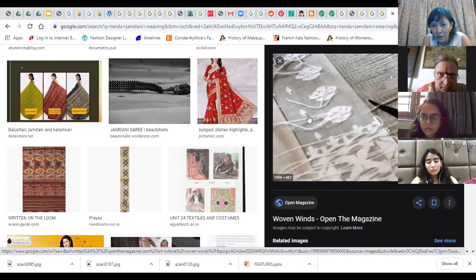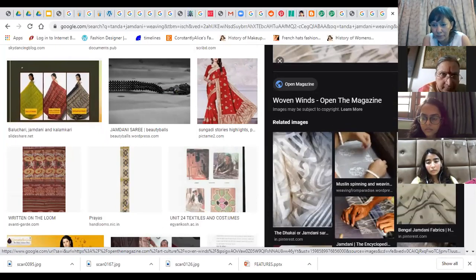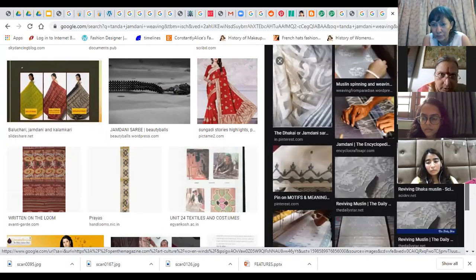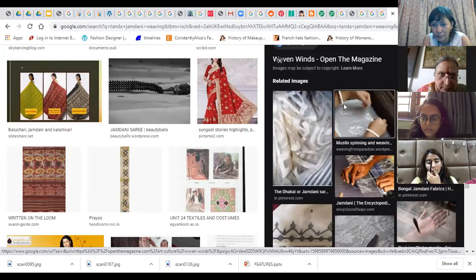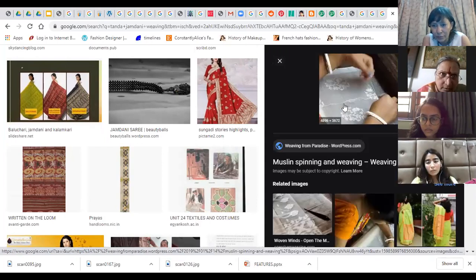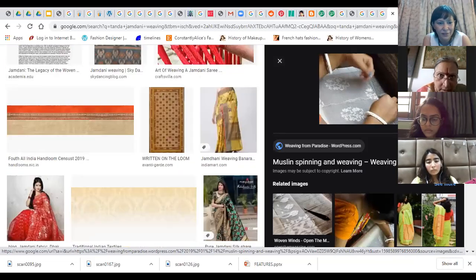The one with the tree motif, that is an Upadha. There was a tree motif, still go higher. I'm trying to find it. No, this is Tanda.